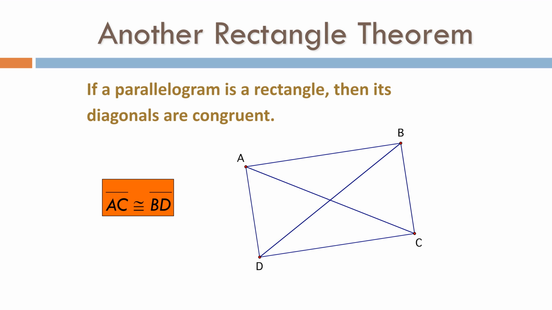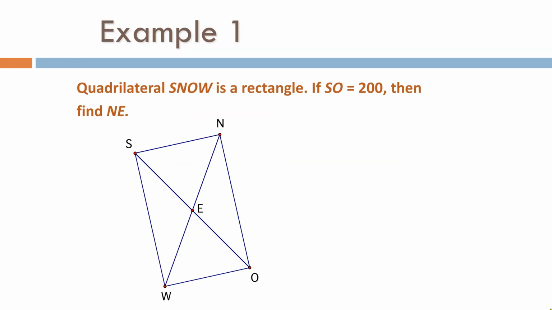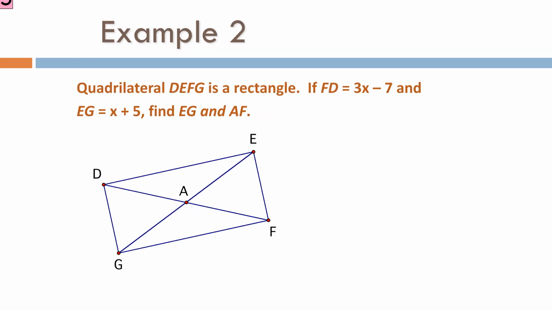Yes. Rectangle. Square. Isosceles trapezoid is also going to be. Diamond. Diamond is a rhombus. Yeah, we'll get to that later.